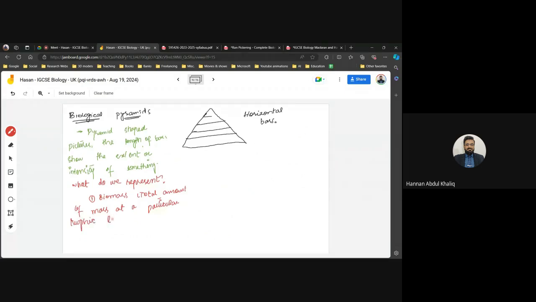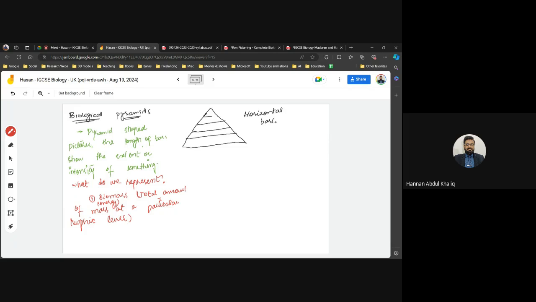It is also considered by scientists that this pyramid represents the total amount of energy.